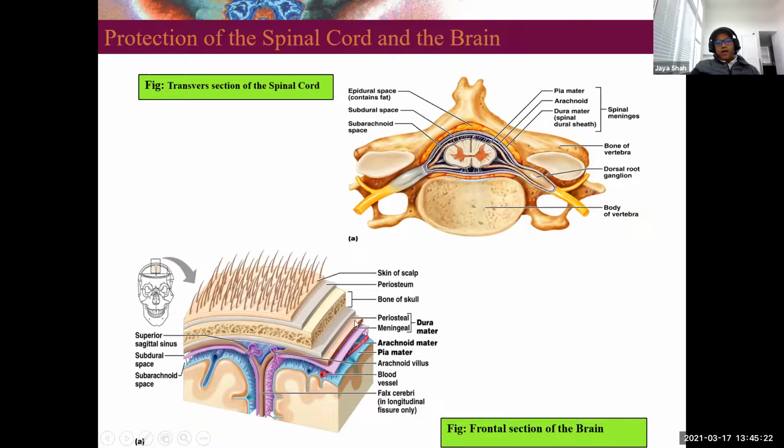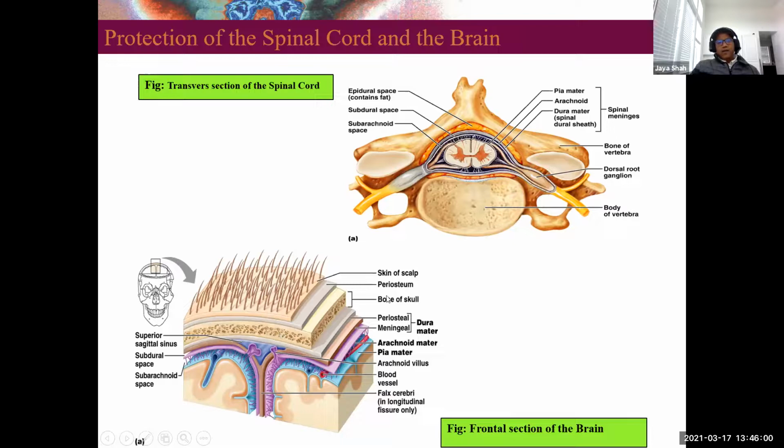And then under the periosteum, you have dura mater. So what is the difference here? The dura mater here is not attached to the bone as in the spinal cord. That's why you have an epidural space there. But in the brain, the dura mater is fused with the periosteum of our skull, so there is no epidural space. It will be present only in certain locations where there are venous sinuses.